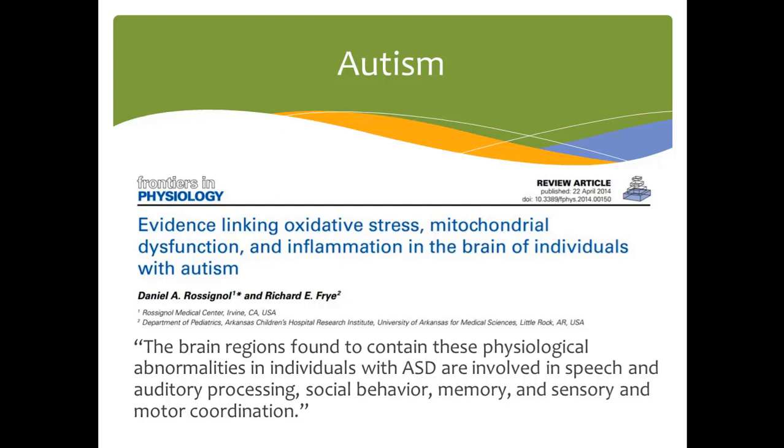This was from Dr. Rossignol and Dr. Richard Frye, two clinicians, neurologists, and researchers in the area of autism doing some really great work. And so these mechanisms that they discuss here, again, can be rooted in a thiamine deficiency.